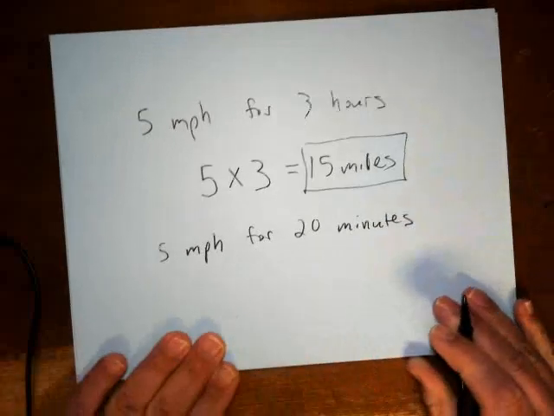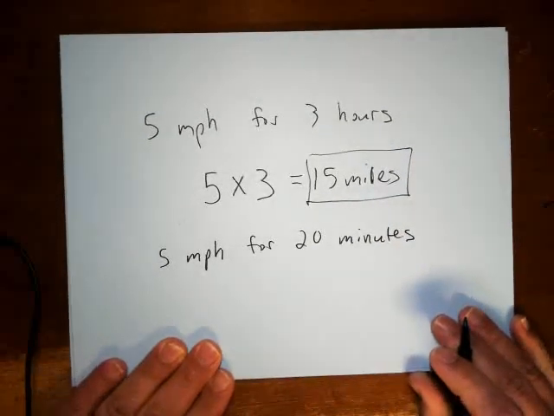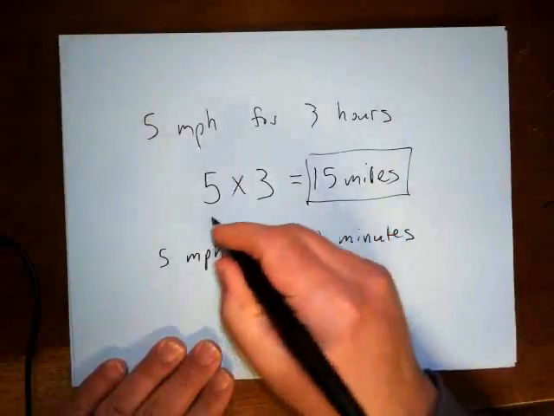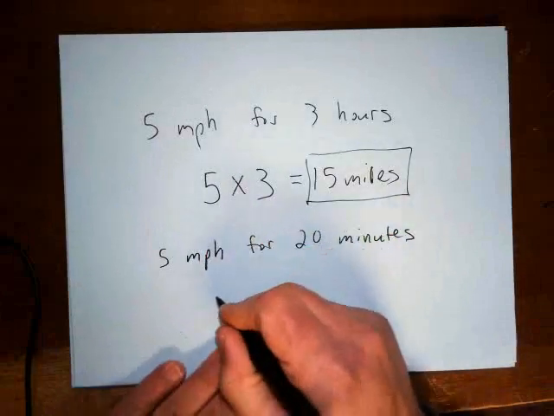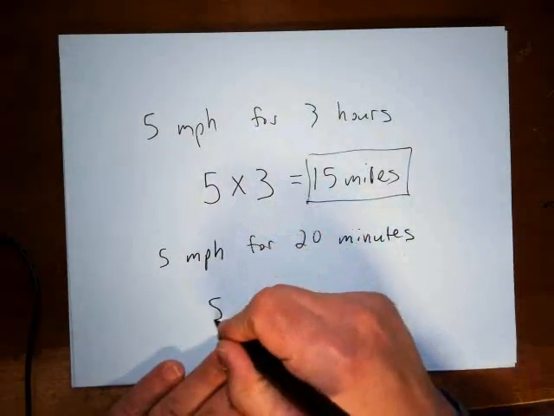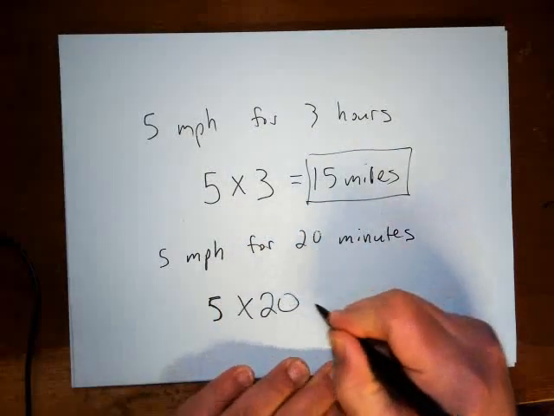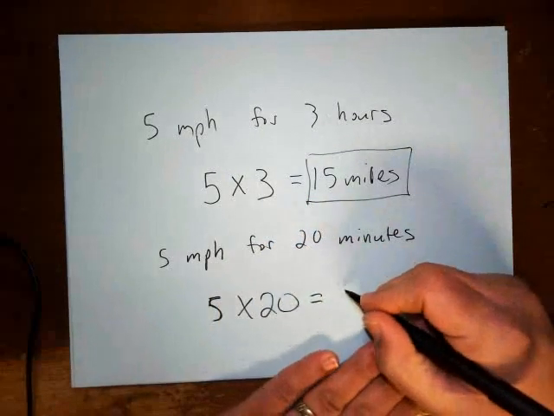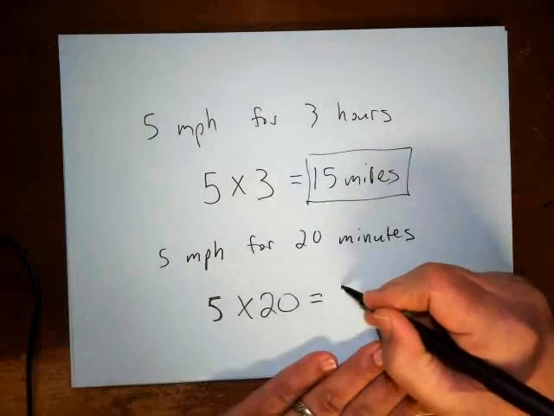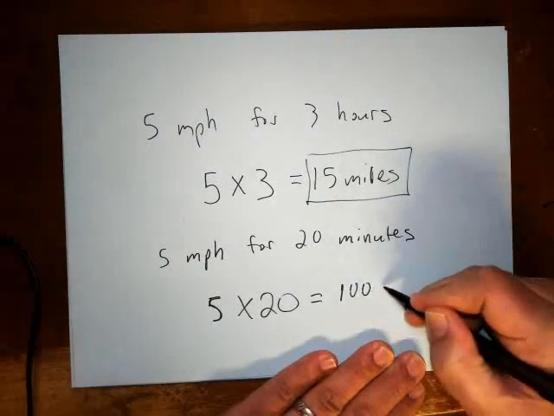Okay. So now, if I'm not paying attention here, I might try to calculate the amount that I've traveled the same way I did here. I might take 5 times 20, and in that case, 5 times 20 would be 100.